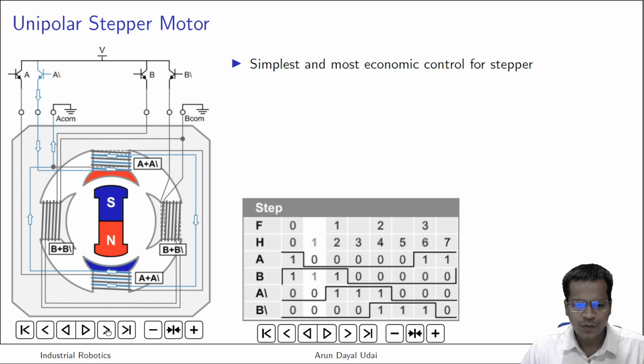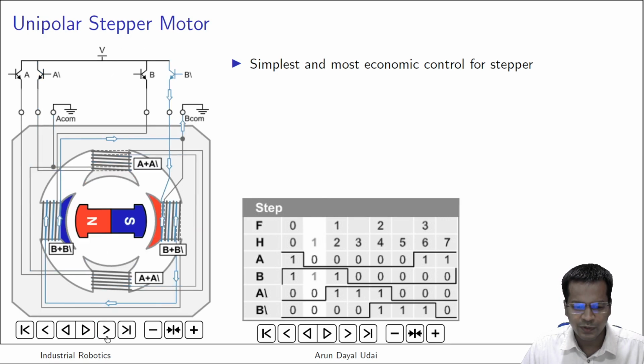Next, you just leave A bar high and the armature comes to this position. Now you must have got the idea: A, B high, only B high, B, A bar high, only A bar high, then B bar, A bar and B bar high, only B bar high. This is the sequence.